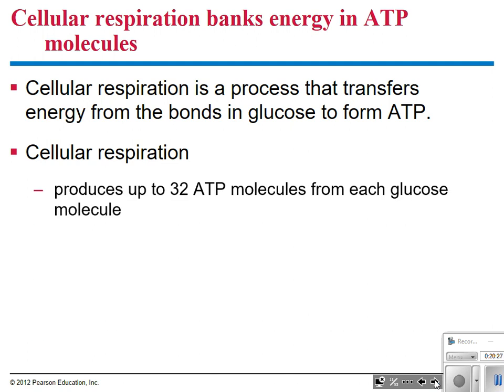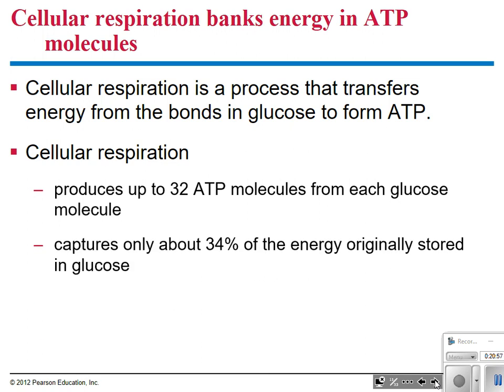During the process of cellular respiration, it produces up to 32 ATP molecules from each one glucose molecule. However, that is only about 34% of the energy that a glucose molecule has.